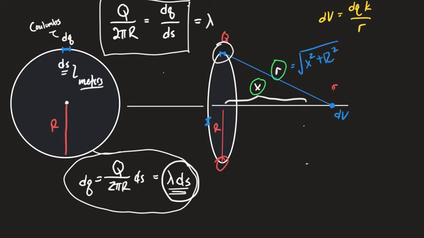I don't have to scale each amount of electric field to the part that's down the center, because there's no off-axis component canceling it out. The electric potential is a scalar quantity. It just adds together. So in changing from the electric field to the electric potential, our integrals are often easier because we don't have to deal with the electric field direction. We just sum the whole thing up.